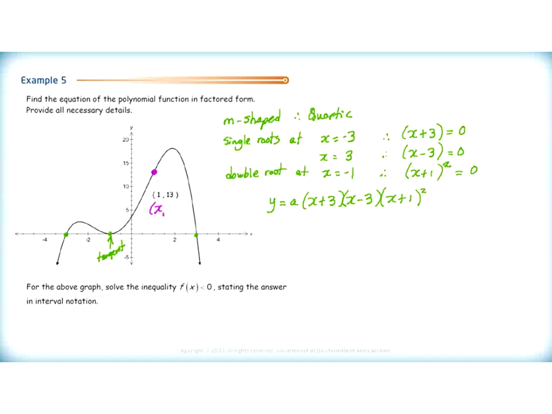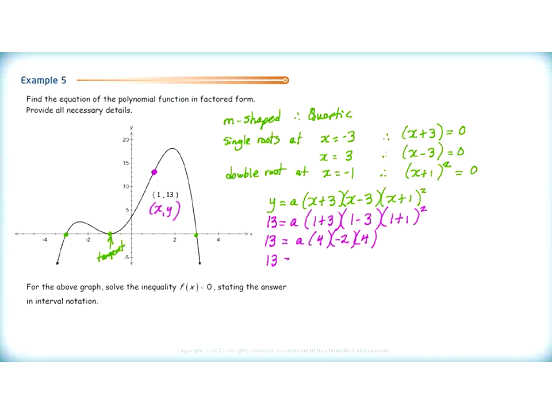In order to determine the value of a, we will substitute the given point (1, 13) in for x and y. So y is 13. It will be 13 equals a multiplied by (1 + 3) times (1 - 3) times (1 + 1) all squared. 13 is equal to a multiplied by 4 multiplied by a negative 2. 1 plus 1 is 2, squared will be 4.